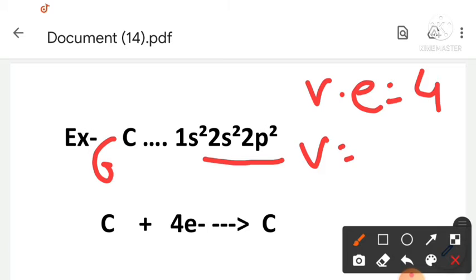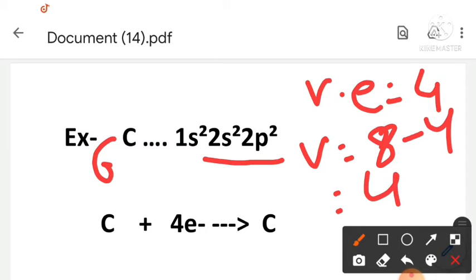So in non-metals we use the octet rule, 8 minus 4, so we get 4 electrons. Now it gains 4 electrons. The number of electrons in a carbon atom is 6.